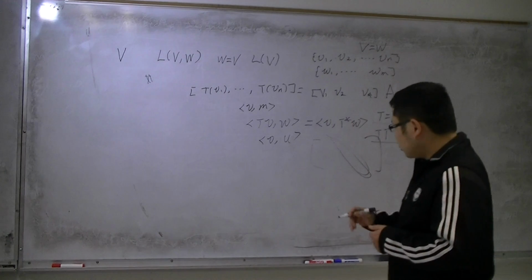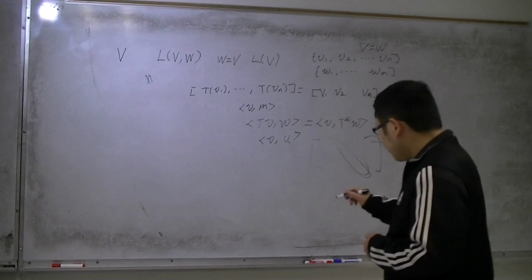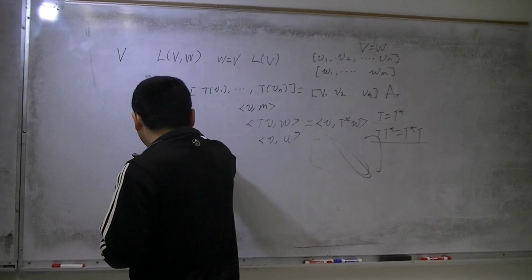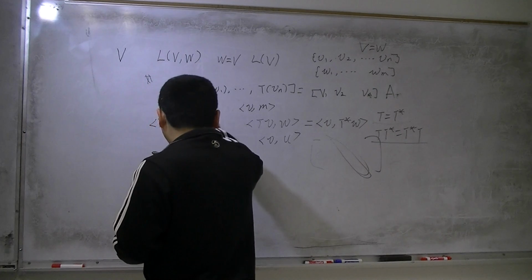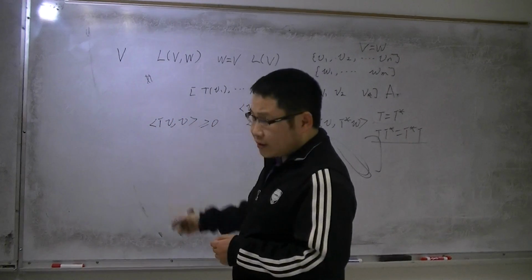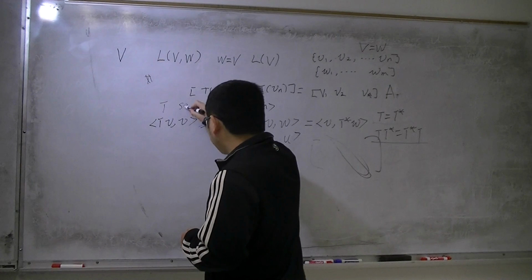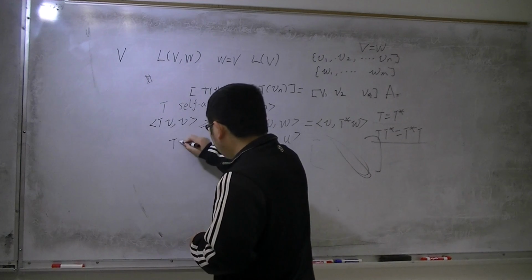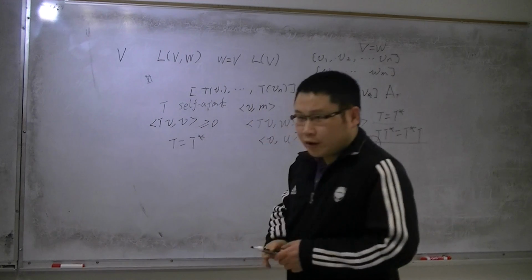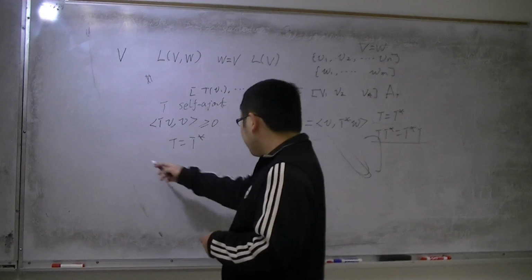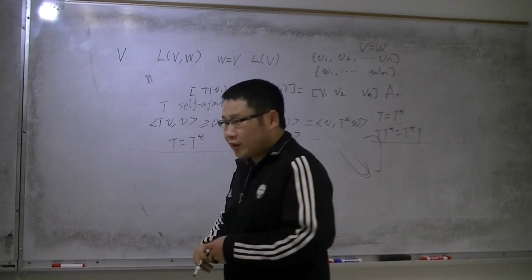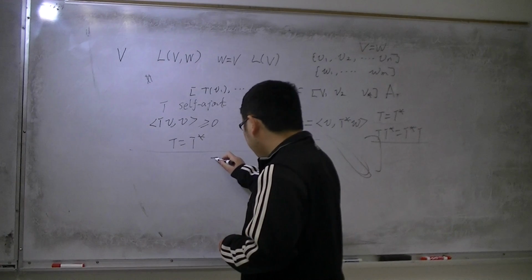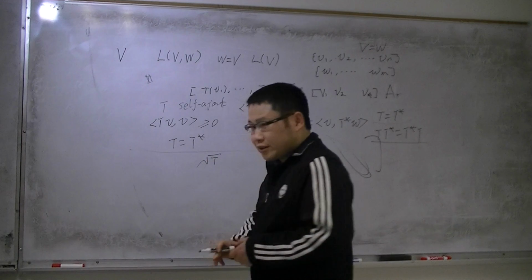I also mentioned in the last class two important operators. The first is the non-negative operator, defined as this one, where T is self-adjoint, which means T is equal to T star. It has a unique square root, which can be defined as this one.